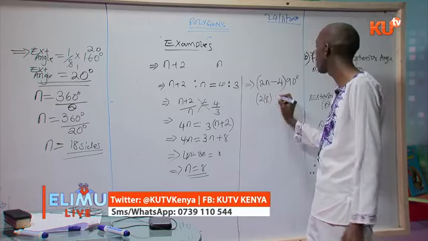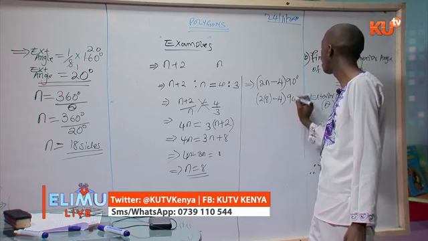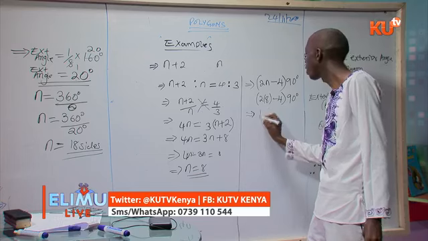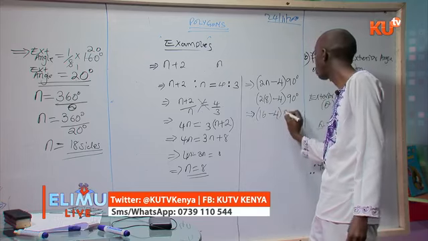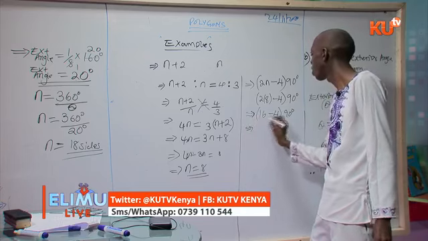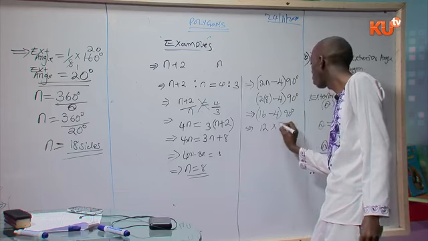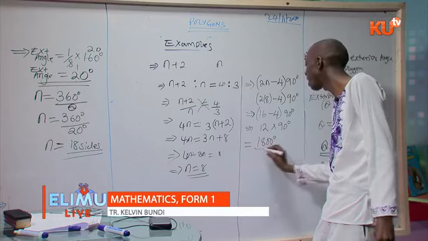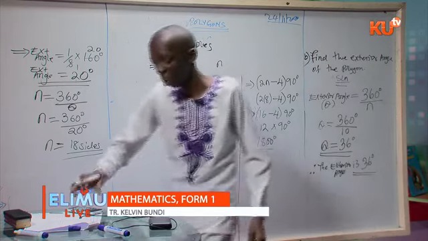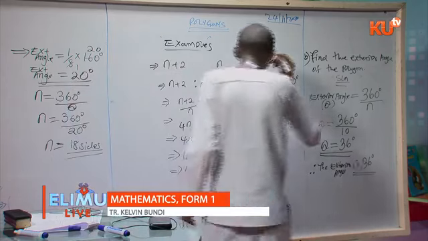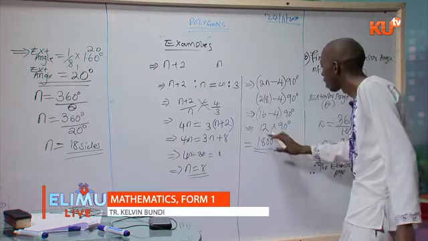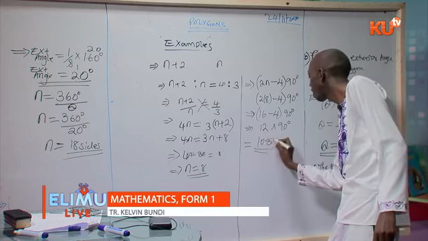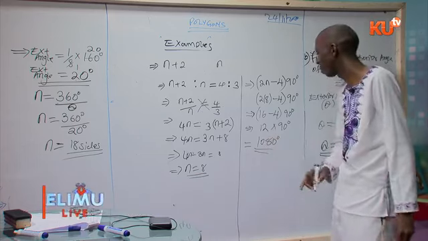So 2 multiplied by 8 minus 4, everything multiplied by 90 degrees. 2 multiplied by 8 is 16 minus 4, everything multiplied by 90 degrees. 16 minus 4 is 12 multiplied by 90 degrees. 12 multiplied by 90 is 1,080 degrees.